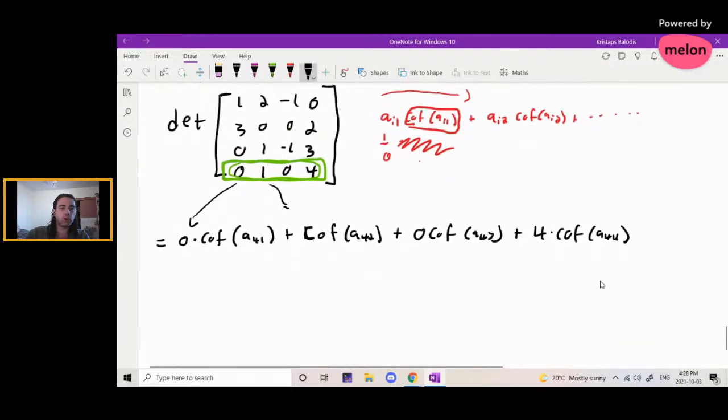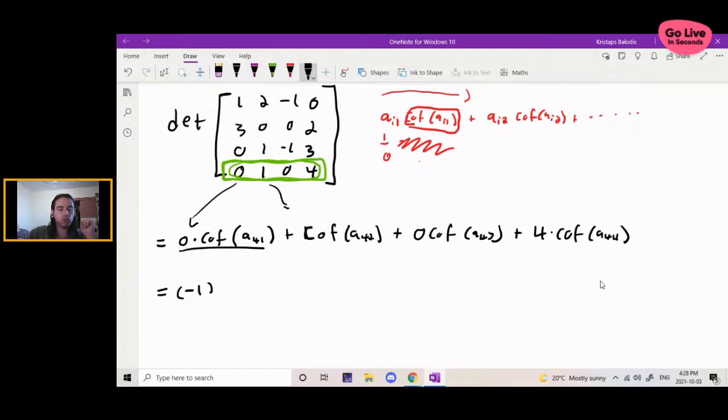Okay, so expanding this out then, this first term is 0. I can forget about it. The next term is going to be minus 1 to the power of 4 plus 2, so that's minus 1 to the power of 6, multiplied by the determinant of the cofactor of this entry, the cofactor of 4, 2.